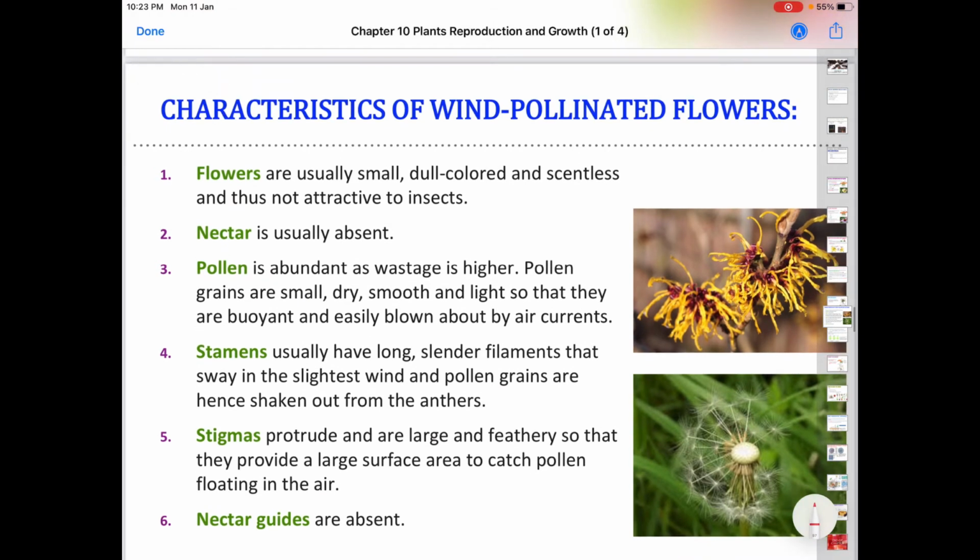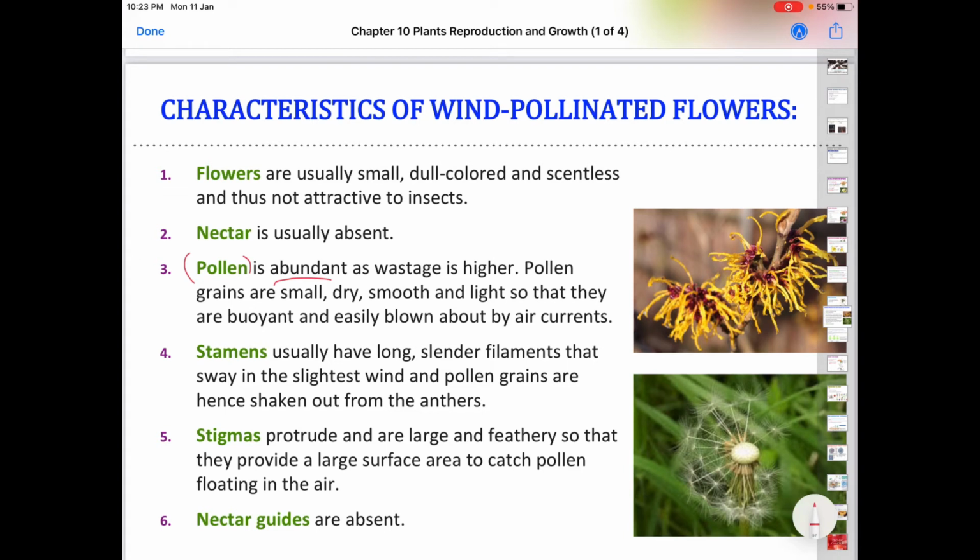So these are the characteristics of wind-pollinated flowers. The flowers are usually small, dark colored, and scentless, and thus not attractive to insects. Since this kind of plant has abiotic agents as its pollinator, it does not need to be attractive. Nectar is usually absent. The pollen is abundant as wastage is higher, because when the wind carries the pollen, the tendency of losing it is very high, so the pollen must be in enormous number.